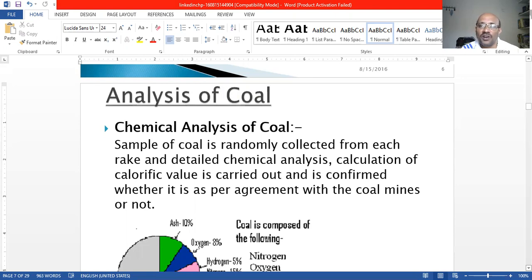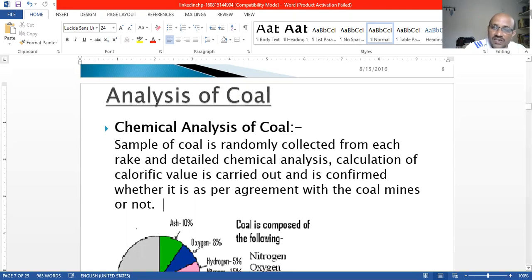That is very important. If the moisture content is more, the calorific value is reduced. So we have to go for chemical analysis as per the agreement with the coal mines.